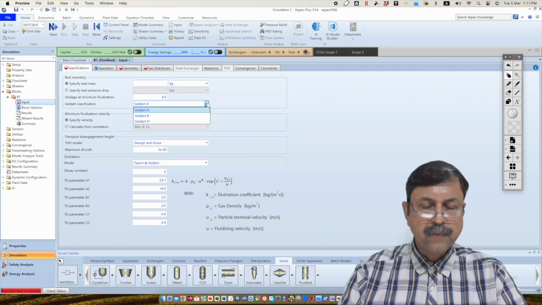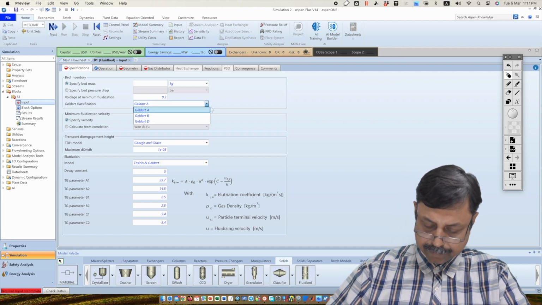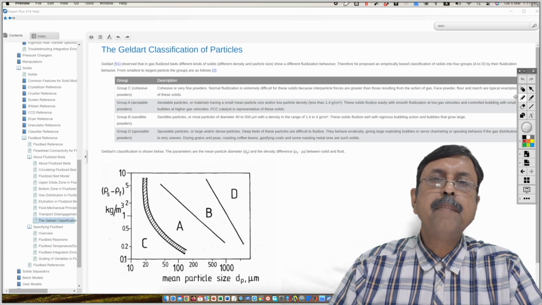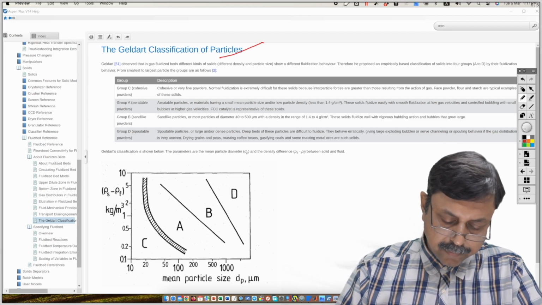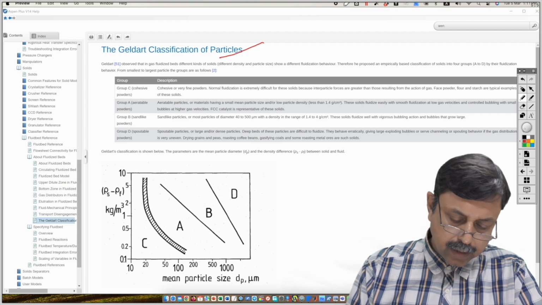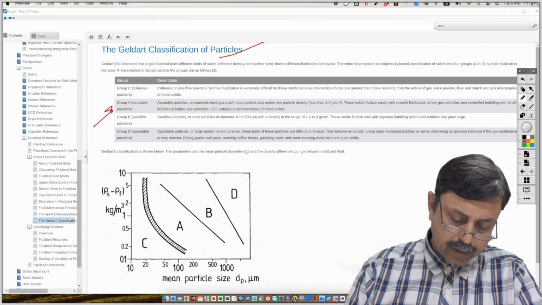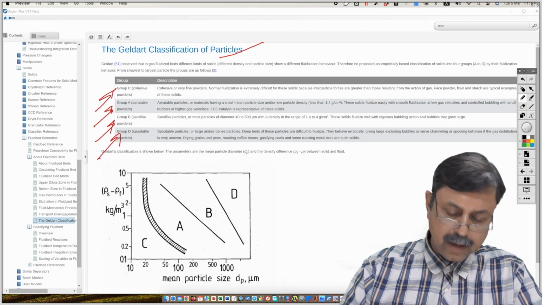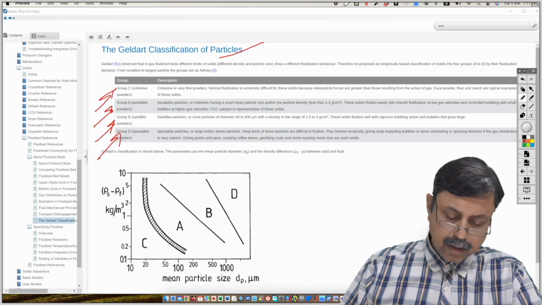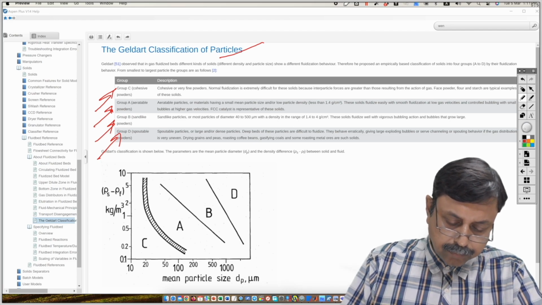Now, what are those functions? Let us study. These are the Geldart specification of particles. You will find this is group A or Geldart A, Geldart B, Geldart C, and Geldart D. Now, what are the conditions?